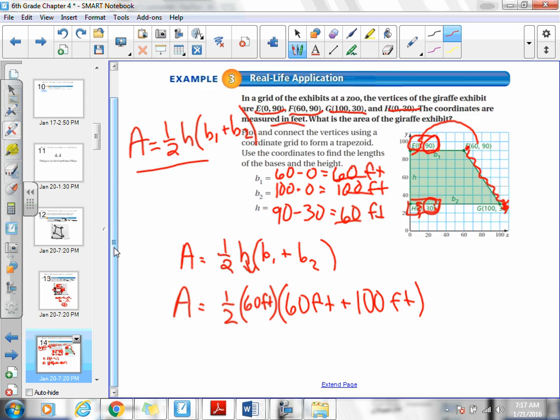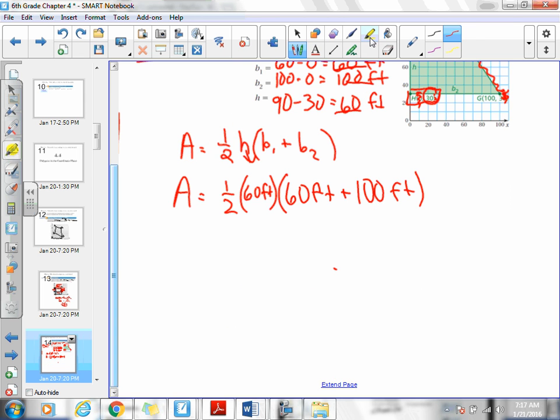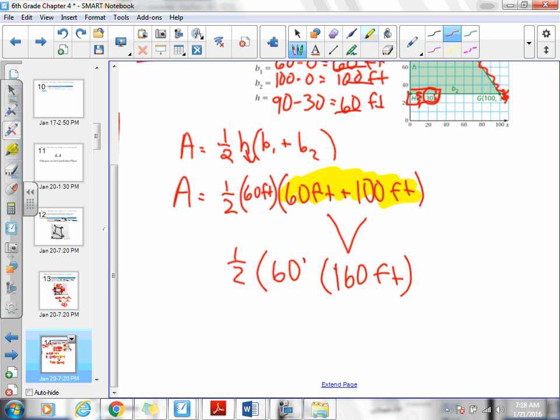So we're going to take base 1, which is 60 feet, plus base 2, which is 100 feet. Order of operations tells us always do what's in the group first. If we have 60 feet and we get 100 more feet, we have 160 feet.